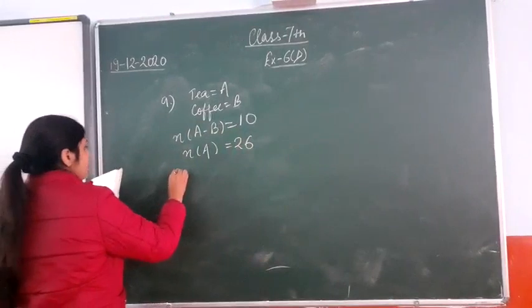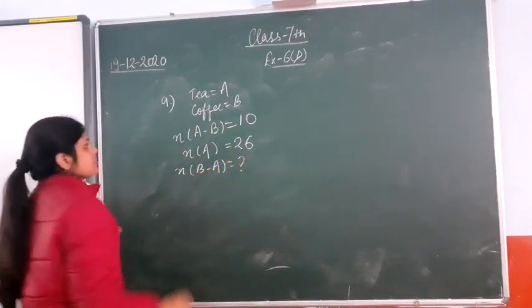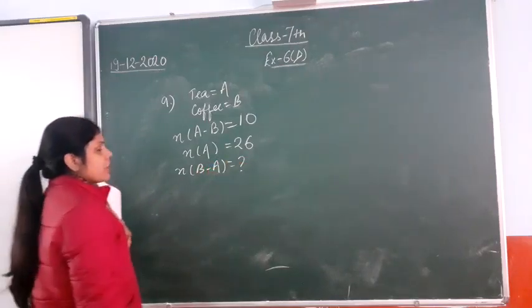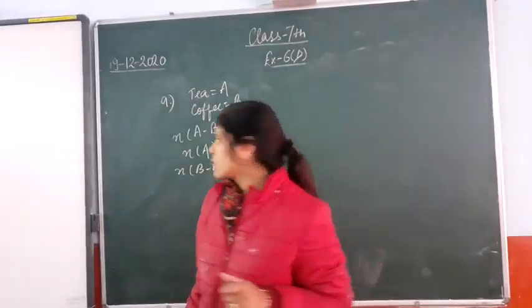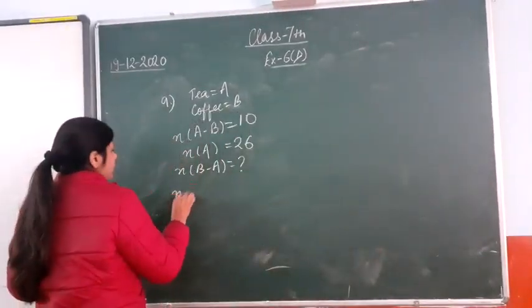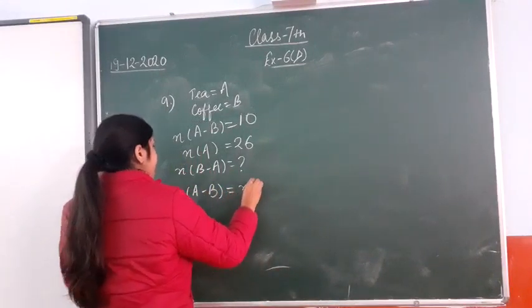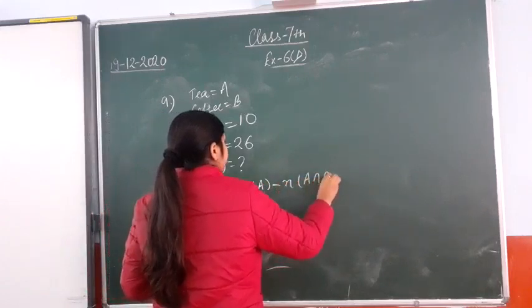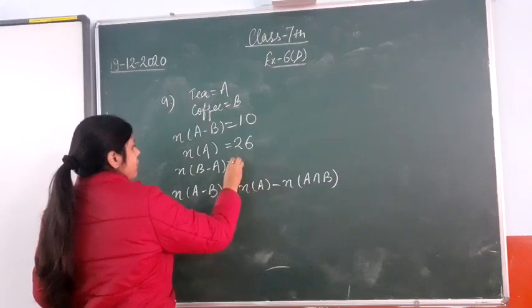You have to take out n(B minus A). So how will you solve this question again? As we know, n(A minus B) is equal to n(A) minus n(A intersection B). So n(B minus A) you have to find out.